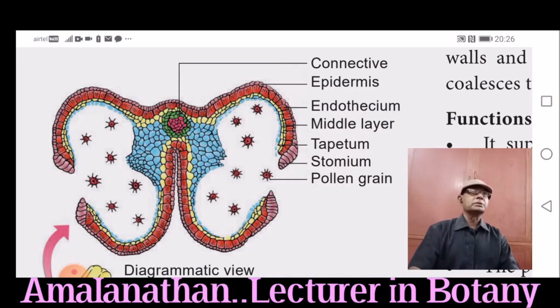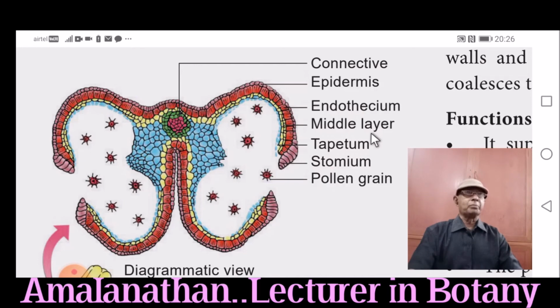Tapetum contributes sporopollenin, pollen kit, tryphine, and a number of proteins which control incompatibility reactions. Tryphine means fibrous granular and lipidic component.